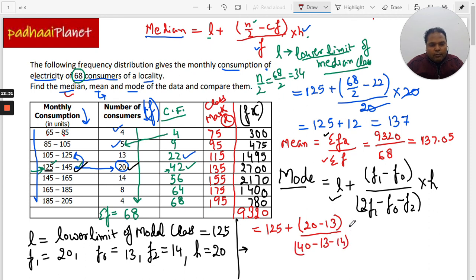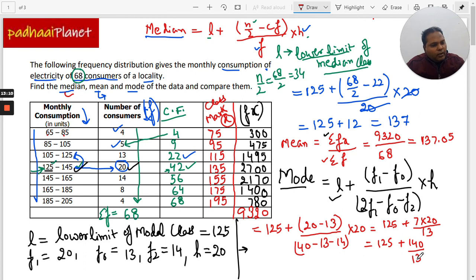Multiplied by H, that means 20. So let's simplify, and we get 125 plus 7 into 20, divided by 40 minus 27, that is 13, right? So we get 125 plus 140 over 13.